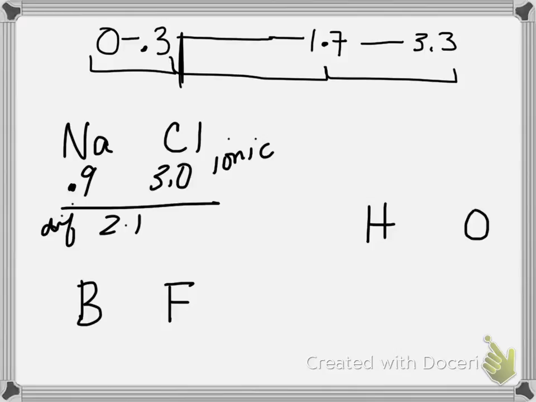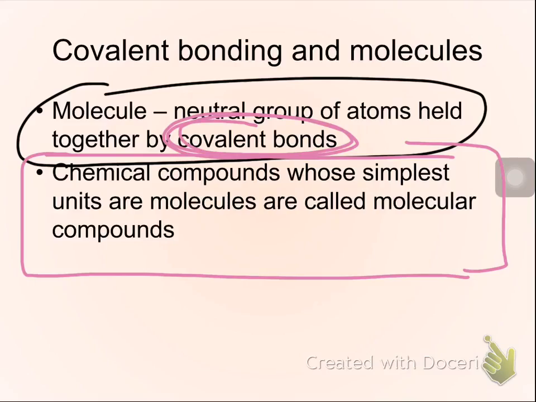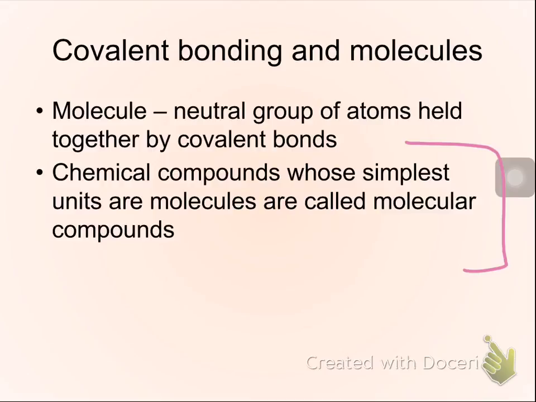Go. So just to review, you had 0.9 for sodium, 3 for chloride, difference of 2.1, so you're saying it's an ionic bond. Is there a molecule of sodium chloride?